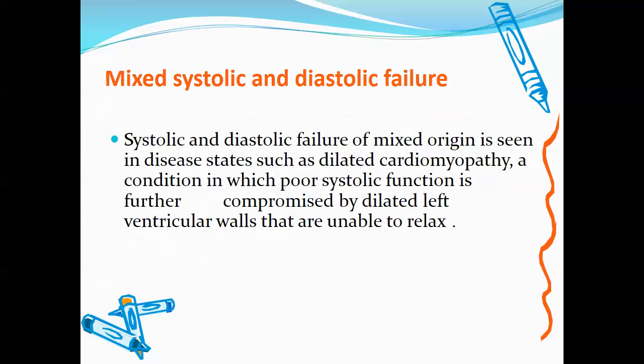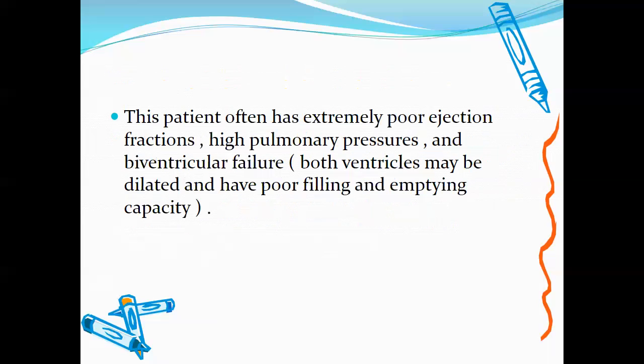Again, ultimately, somebody with systolic failure may end up with diastolic failure as well. Patients often have extremely poor ejection fractions with diastolic and systolic failure together because we can't fill it and we can't eject it. So these are very, very progressive patients.